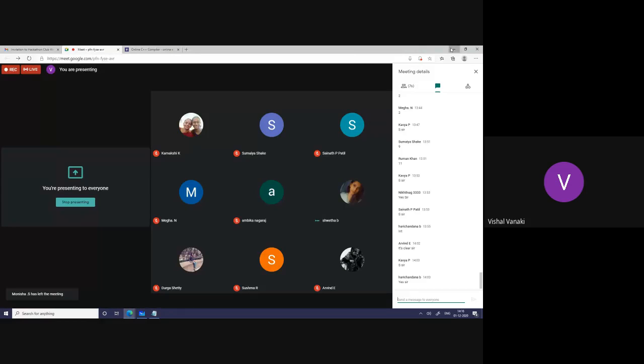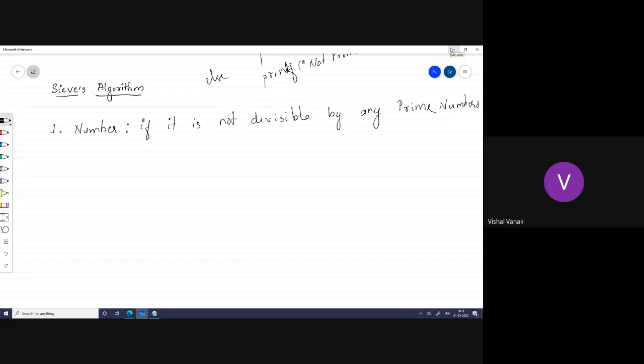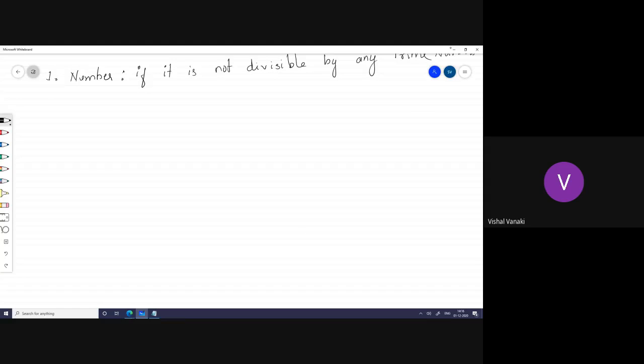First thing is a program to print prime numbers up to n. Let's say n is equal to 30.